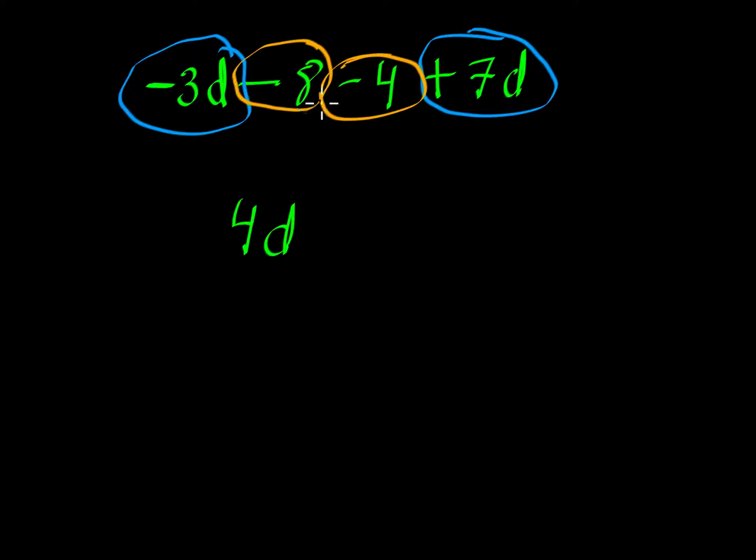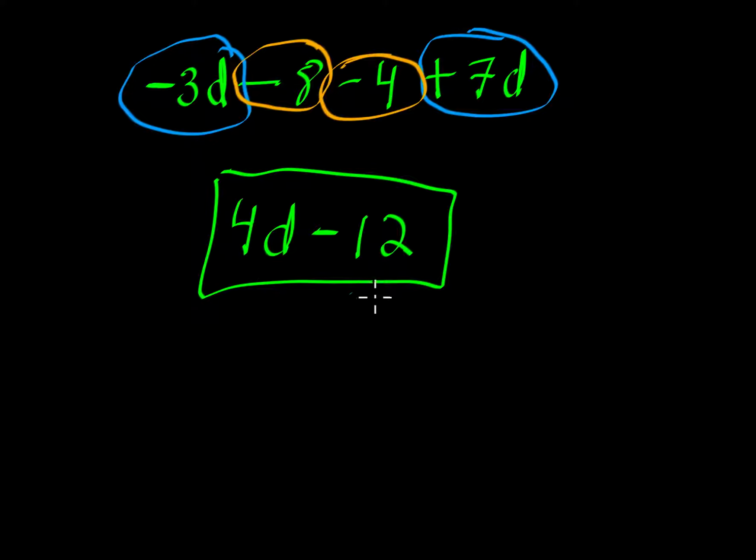And negative 8 plus negative 4, since it's negative plus negative, is negative as well, so it's negative 12. And that's our answer: 4d minus 12. 4d from negative 3d plus 7d, and negative 12 from negative 8 plus negative 4. Just collect the like terms and add them together.